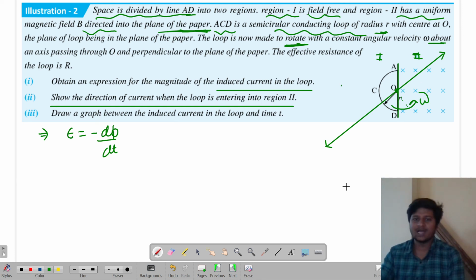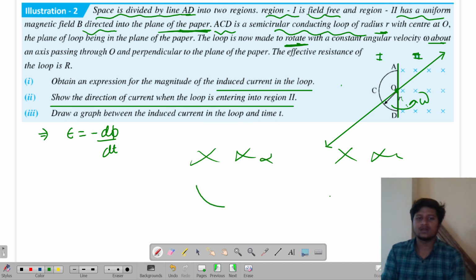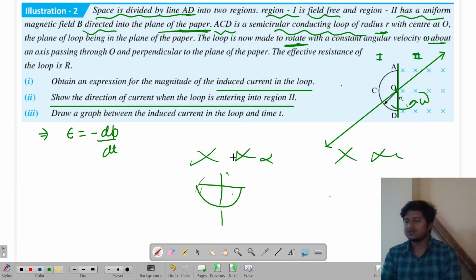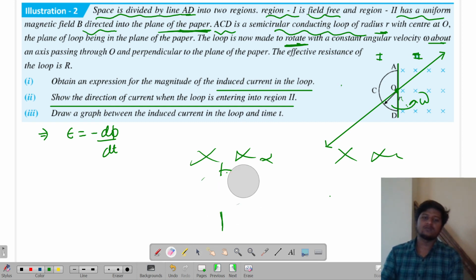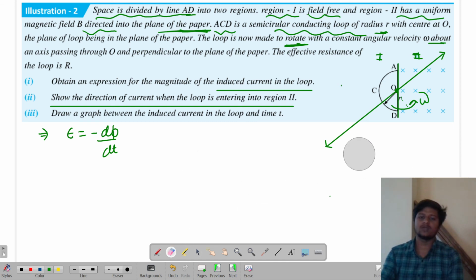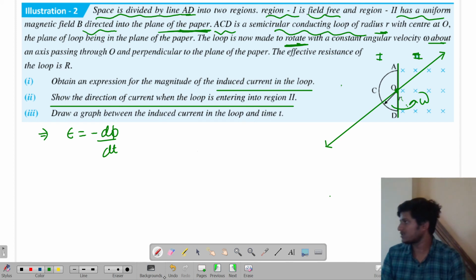After some time, half of the part will be in the magnetic field and this part will be outside. When it has rotated completely by 270 degrees, the whole area is in the magnetic field. So what is actually changing? Area is changing with respect to time. Based upon that, you have to calculate the EMF, then the current generated in the process.